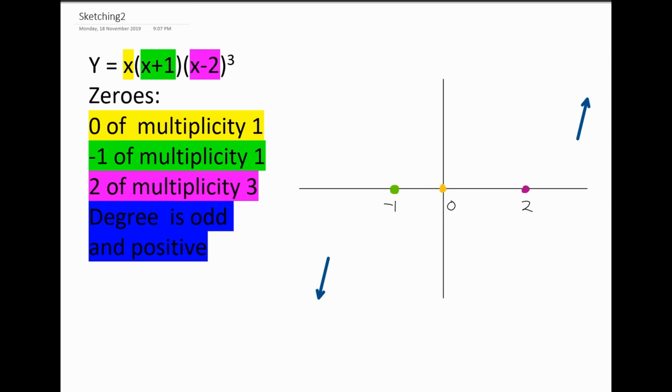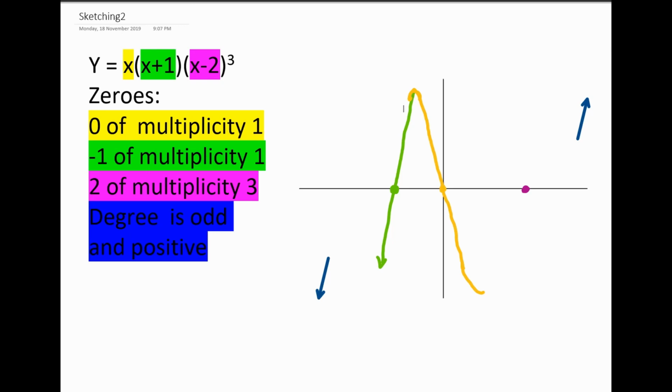Next, we plot the zeros. Those are the zeros. Since negative 1 is of multiplicity 1, the graph will just cross the point. The next one we need to graph is the zero of multiplicity 1, so it will also cross that point only. And lastly, the 2 of multiplicity 3.